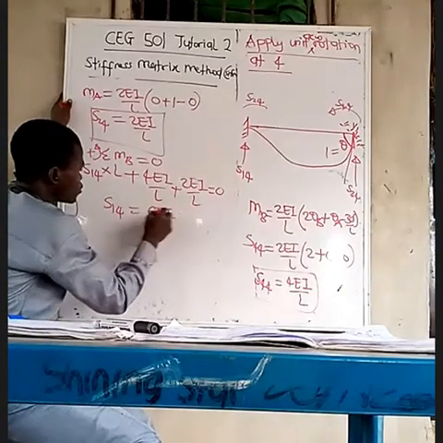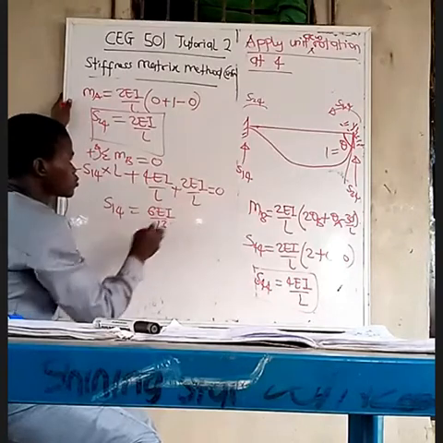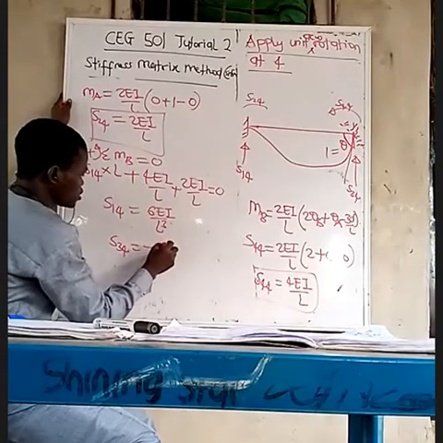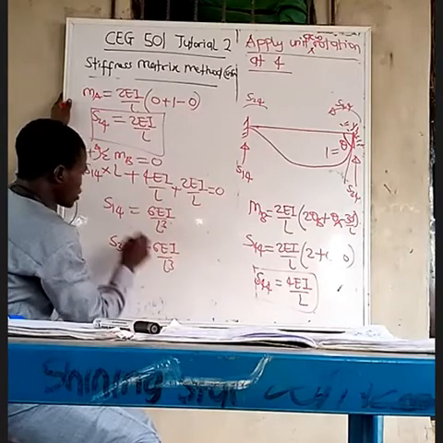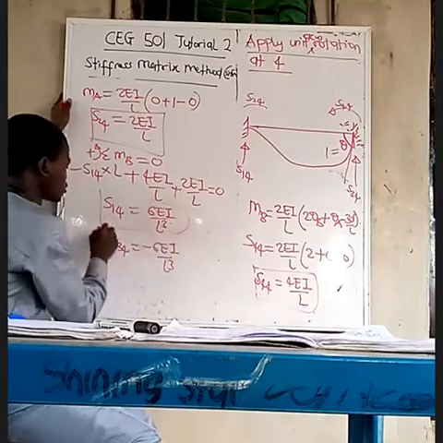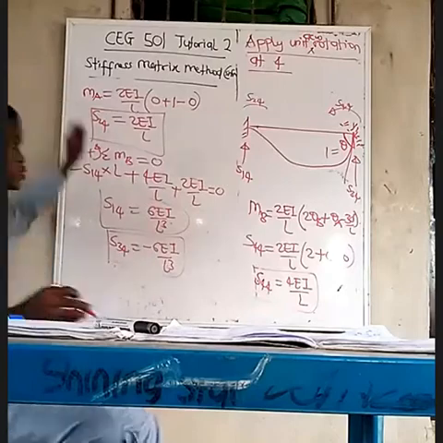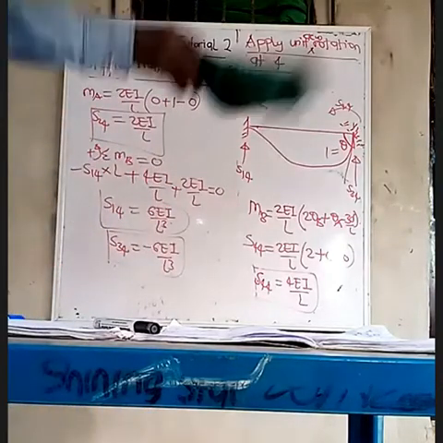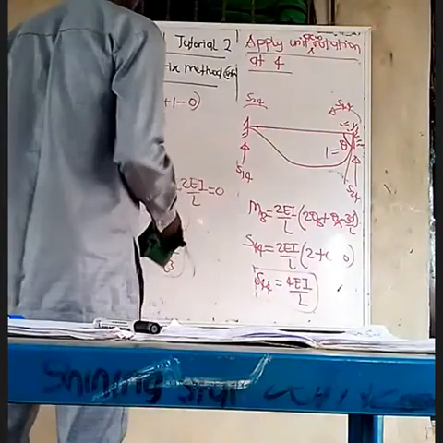So S14 equals 6EI over L squared. So you can tell what S34 will be. S34 is minus 6EI over L squared. Sorry, it's over L squared, not L cubed.